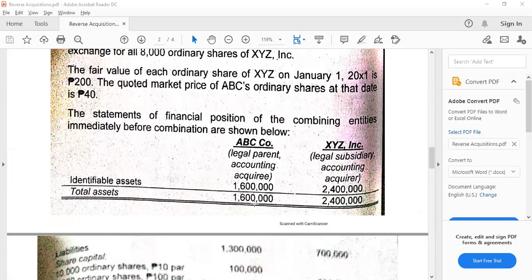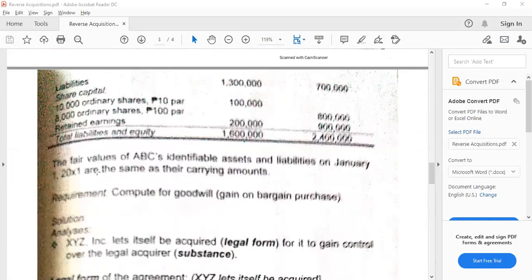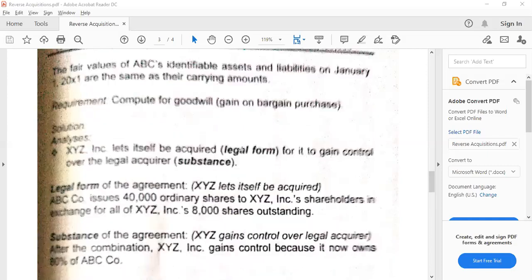So here are the details from the statement of financial position, and then we will assume that the fair values are equal to the carrying amounts to simplify the discussions. The requirement is to compute for goodwill or gain on bargain purchase or the gain on acquisition.